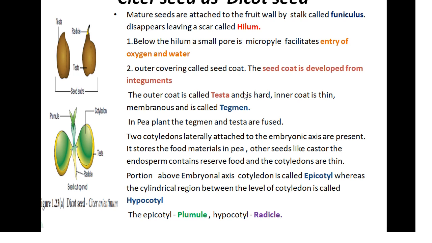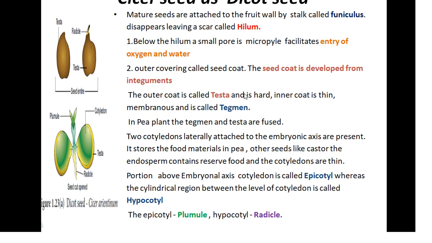It disappears later, leaving a scar. That scar is called hilum. The funiculus of the ovule becomes the stalk connecting the fruit wall as well as the seed, and later leaves a scar called hilum.